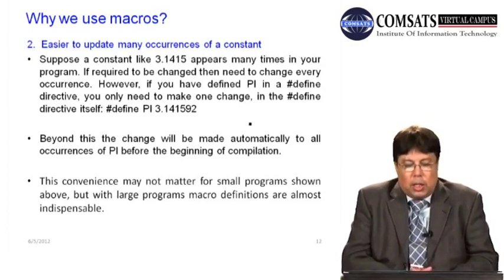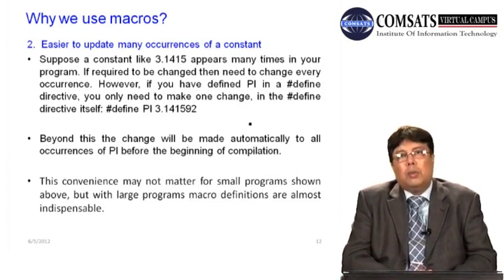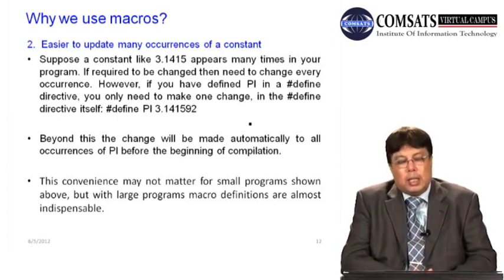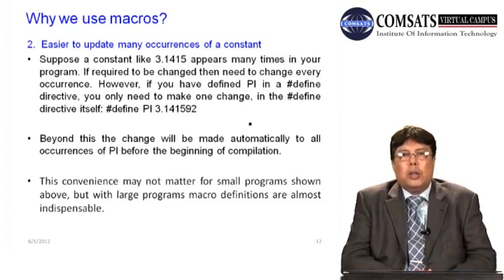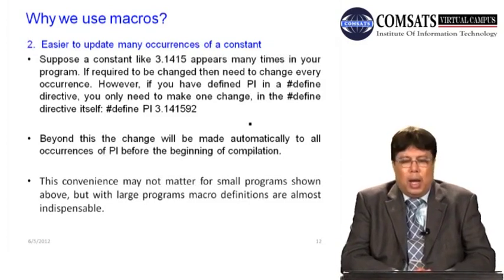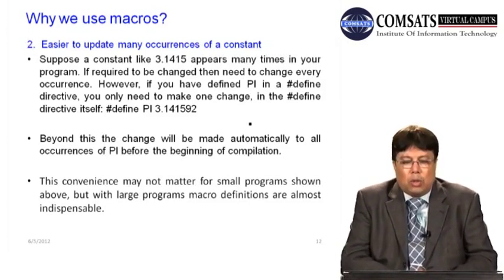Beyond this, the change will be made automatically to all occurrences of PI. वही जो मैंने बात अभी आपको explain की, this is basically the second example: usually we use pi as 3.1415, but sometimes you want a very accurate value of pi, which is 3.141592.